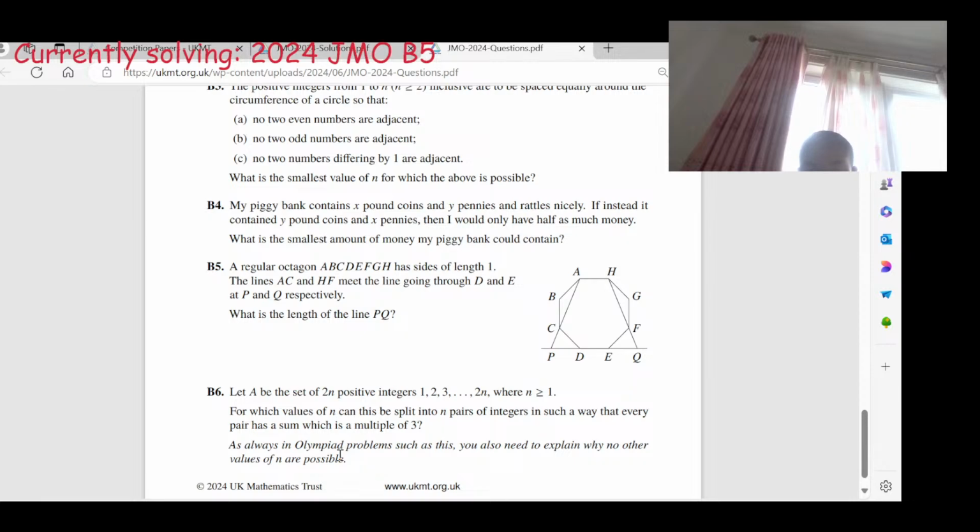A regular octagon ABCDEFGH has side lengths of 1. The lines AC and HF meet the line going. Okay, so okay.